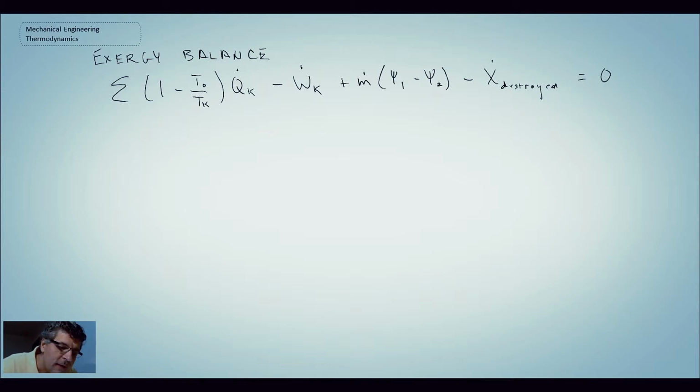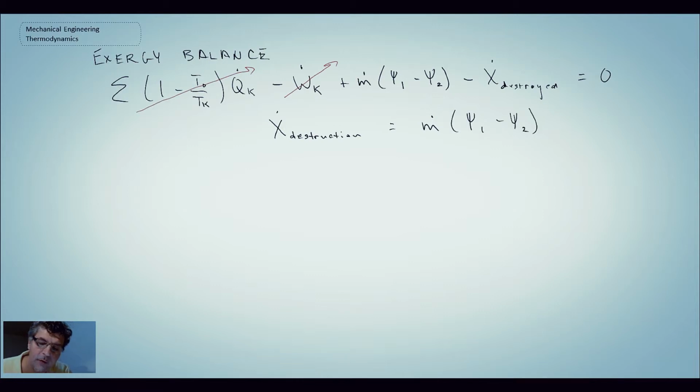With this, we know that we're dealing with an adiabatic nozzle, so that disappears. Nozzles don't do work, so that disappears. And the final relationship then turns out to be exergy destruction equals mass flow rate times the change in exergy of our flow stream.